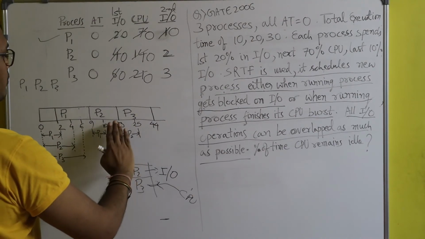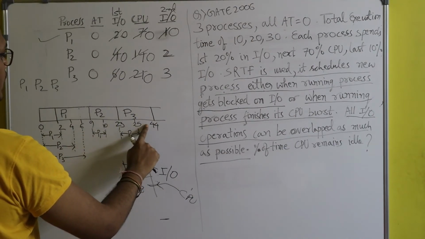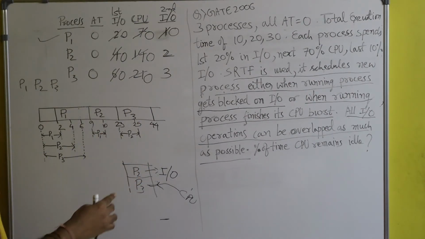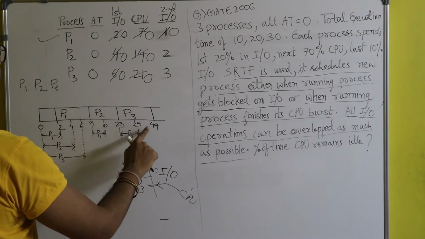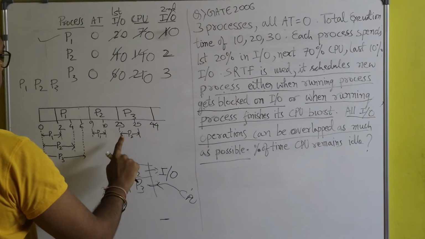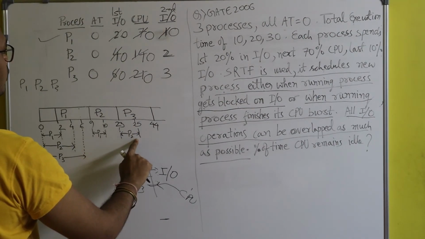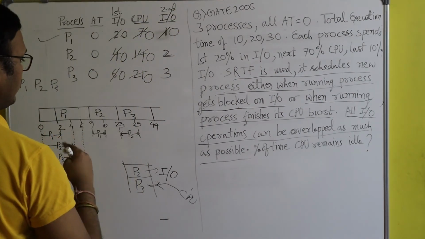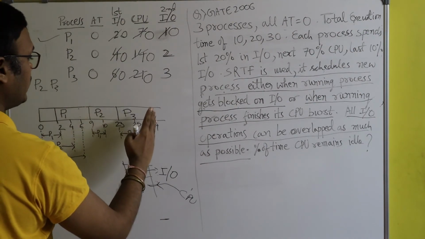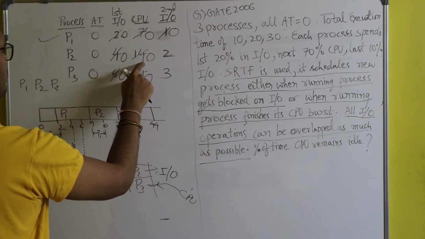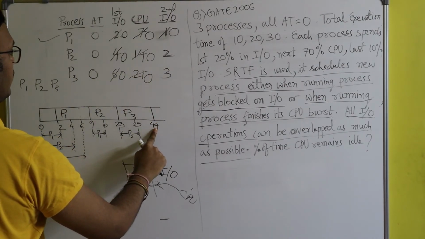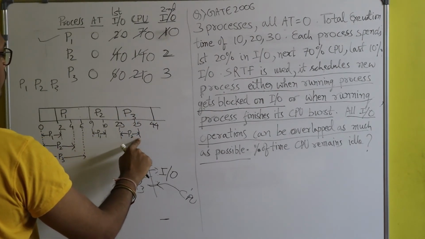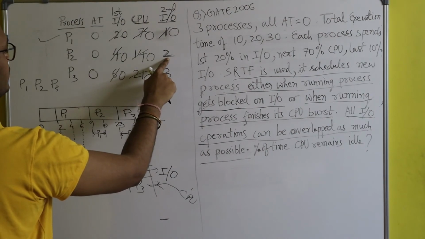And now you see, by the time process P3 completed its CPU time at the 44th second, within that time, at the 25th second, process P2 completed its second IO.